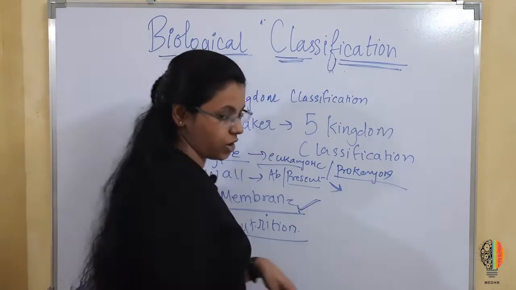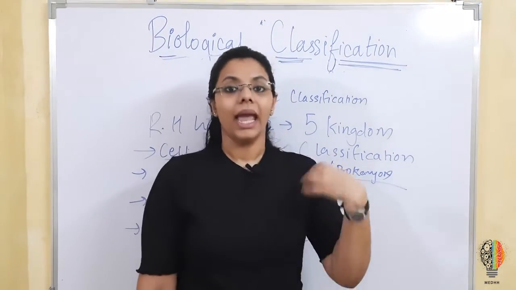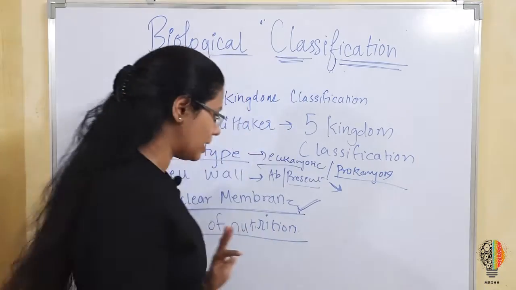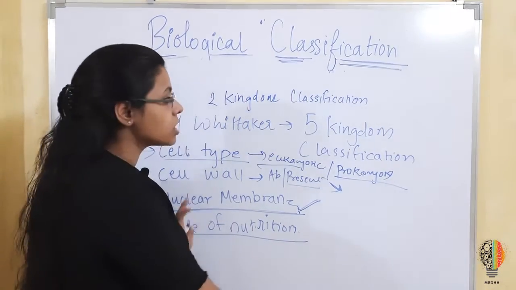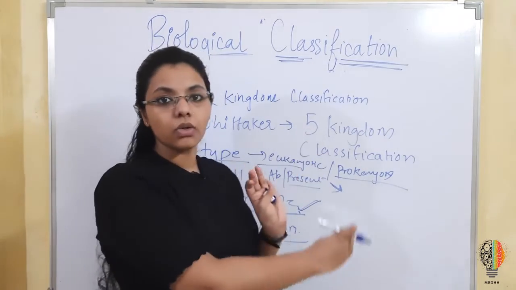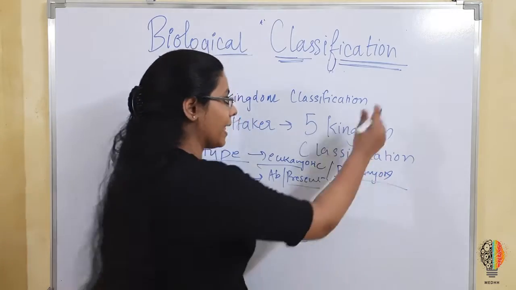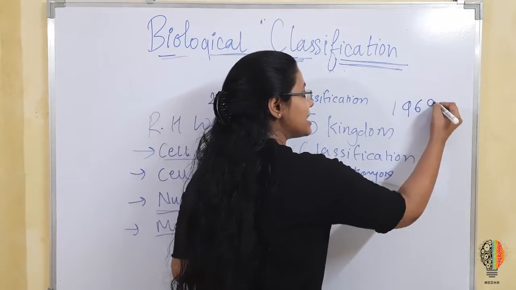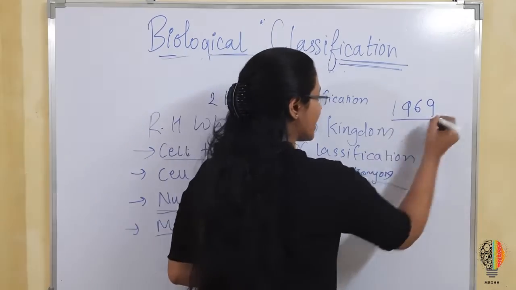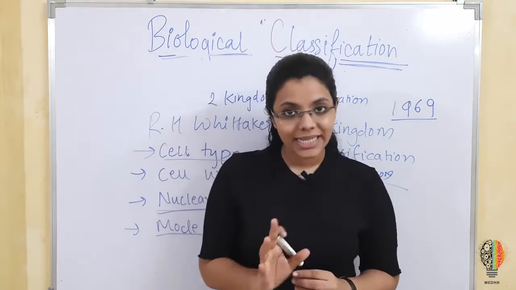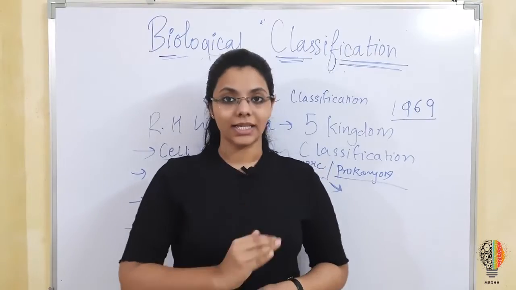Then mode of nutrition, whether it is autotrophic, heterotrophic, saprophytic, all those things will come under this mode of nutrition. So including and learning about all these characteristics, R.H. Whittaker in 1969 came up with the five kingdom classification. So we'll see what those five kingdoms were.